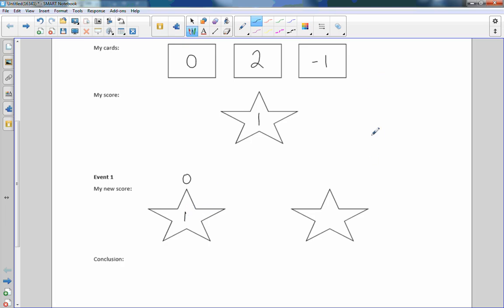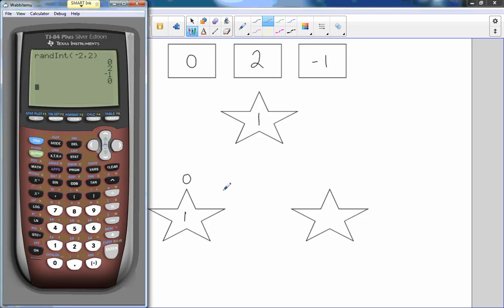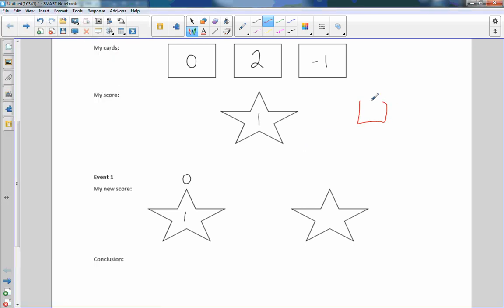Over here, let's say this person had a different group of cards, and let's let the calculator choose those 3. If I hit enter: -2, 2, and -1. So these two are partners, let's say.